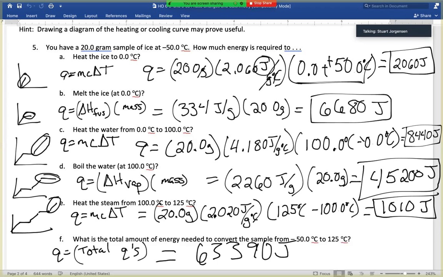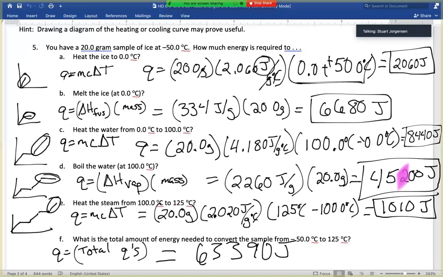Significant figures. This is tricky because we've done our multiplication, rounded for our sig figs. We got an answer for each part, so we would watch our sig figs there. Now we've added them, and when you add, you look at the decimal places. You can only be as precise as your least precise decimal place, and I think it's actually coming from part D. In part D, we didn't know what was in the ones place. We didn't know what was in the tens place. We only knew what was in the hundreds place.